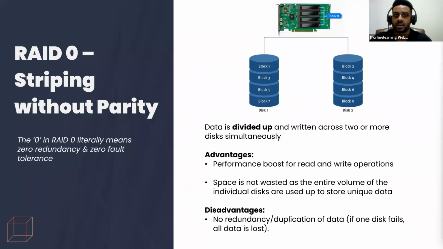In this example, we have a RAID array that contains 2 drives with striping. With striping, when data needs to be written, it's split up, with some data being saved on one disk and different data being saved on the other disk. The data is written to both drives at the same time.